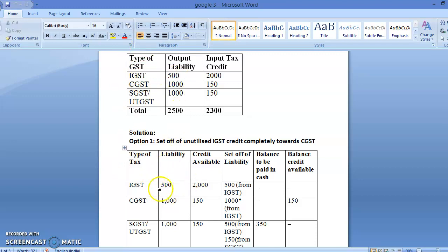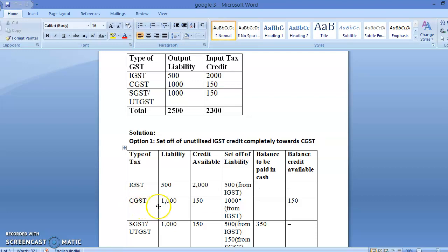Credit available is 2000. So out of 2000, 500 liability has been paid. So remaining 1500 credit of IGST is balance.